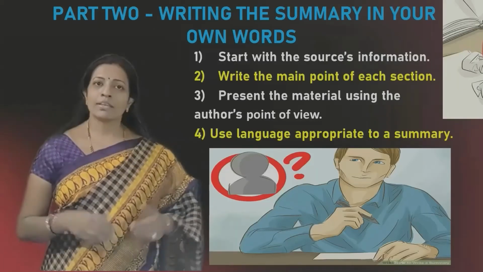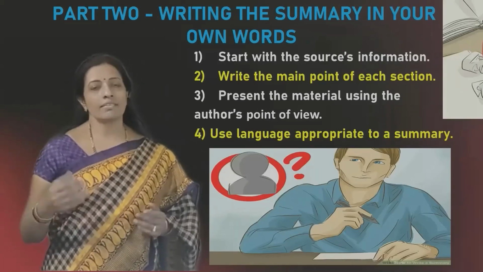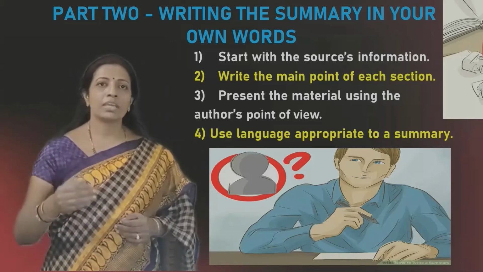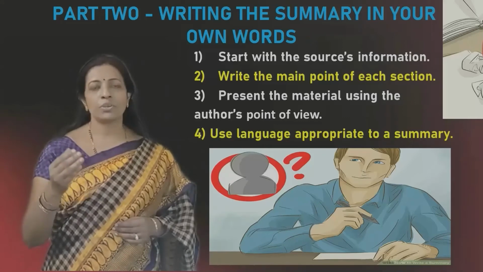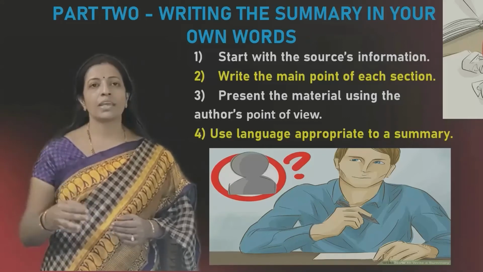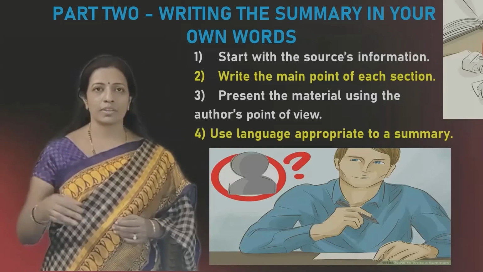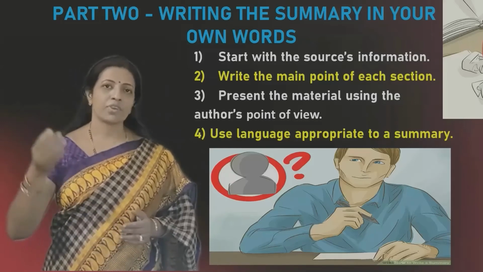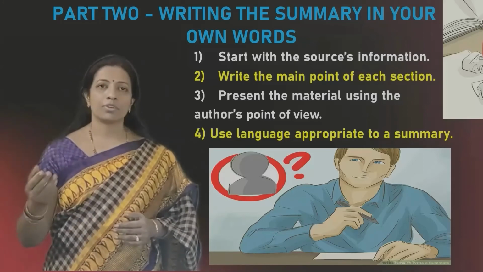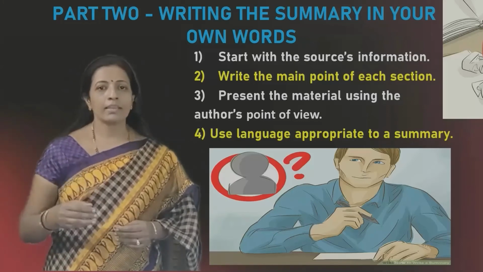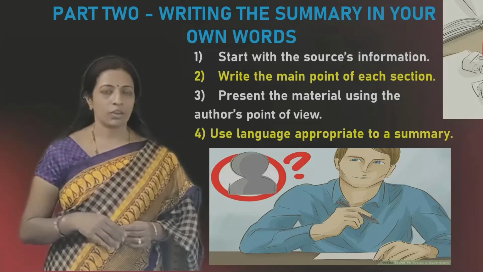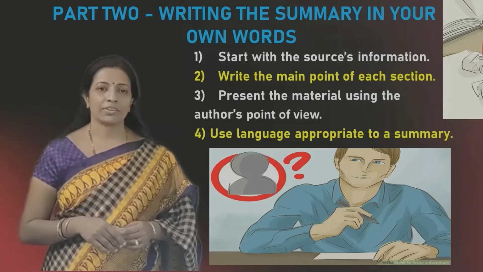So students, the next step is writing the summary in your own words. So always begin your summary with the information of the source or the original textbook. So the title of the text, the name of the author or the writer, and if it is an abstract which has been taken from some other text, then you should refer to that also. Next, you should talk about the main points of each of the different sections.